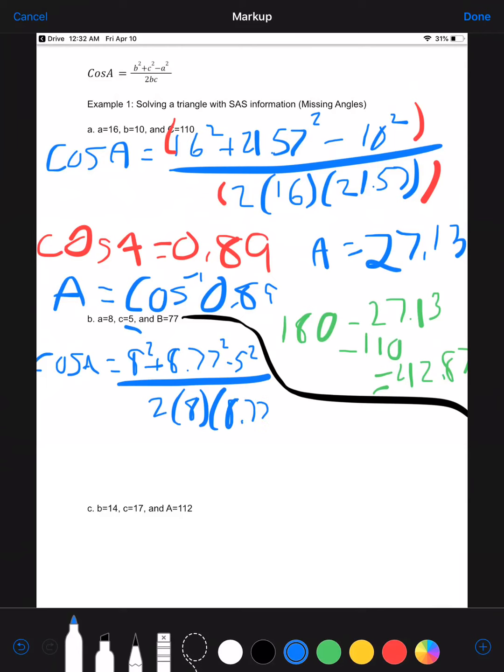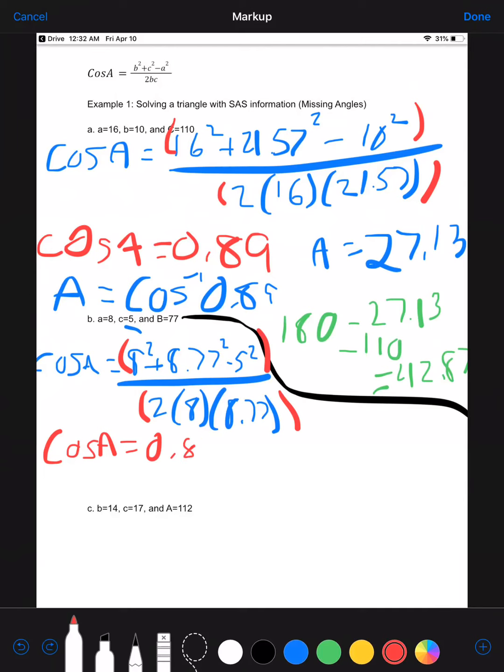Remember, when you type this in your calculator, parentheses are very important. So we type in parentheses 8 squared plus 8.77 squared minus 5 squared, close parenthesis, divided by open parenthesis 2 times 8 times 8.77, close parenthesis, hit enter.